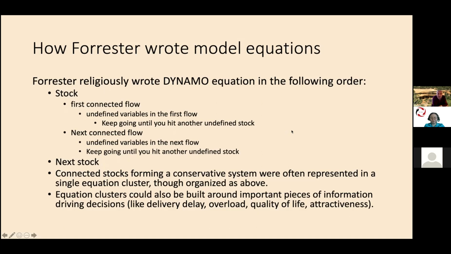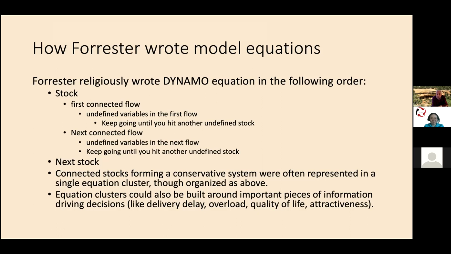Connected stocks forming a conservative system were often presented in a single equation cluster, though organized in the same way as here. And equation clusters could also be built around important pieces of information driving decisions, like Forrester did with delivery delay in his market growth model, quality of life in his world dynamics model, and attractiveness in his urban dynamics model.